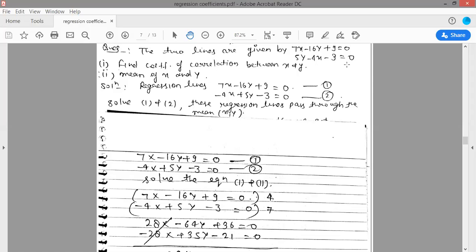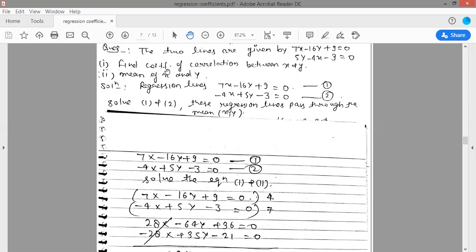And here the lines are given, and you have to calculate your coefficient of correlation and the mean of x and y, right? Further we will discuss other examples, but now just focus on this one. Regression lines: 7x minus 16y plus 9 is equal to 0.